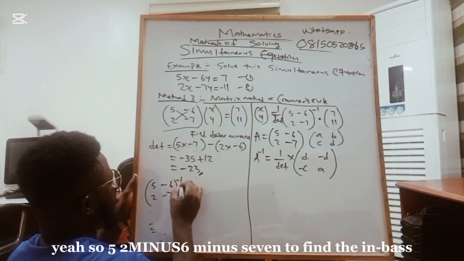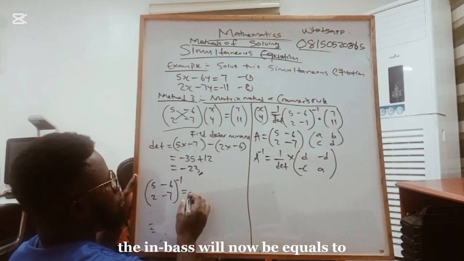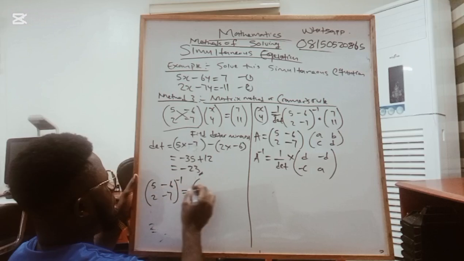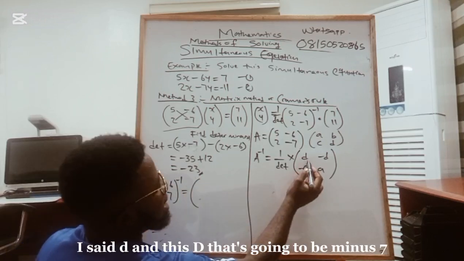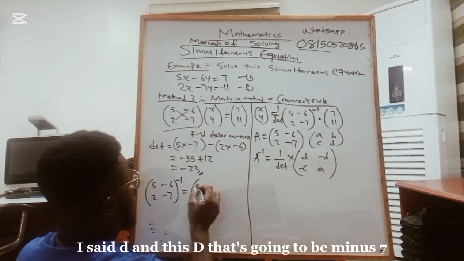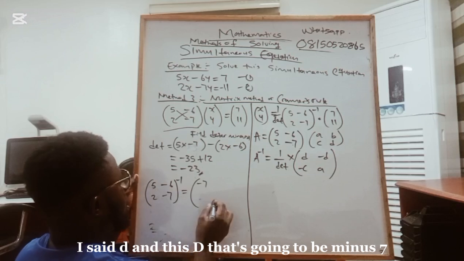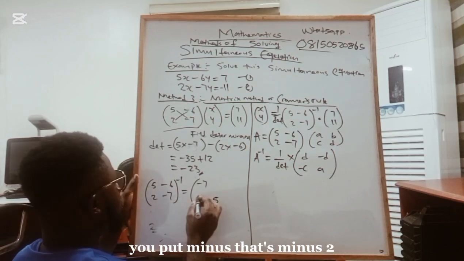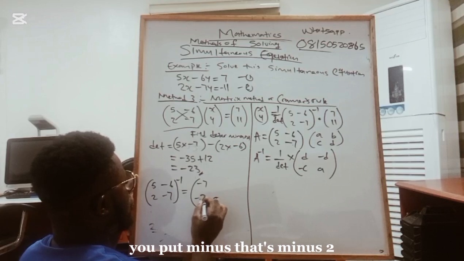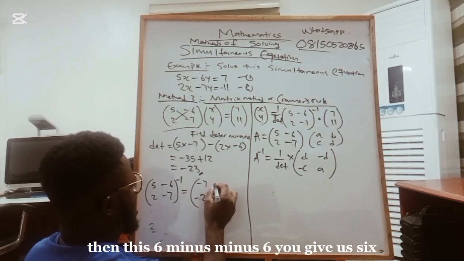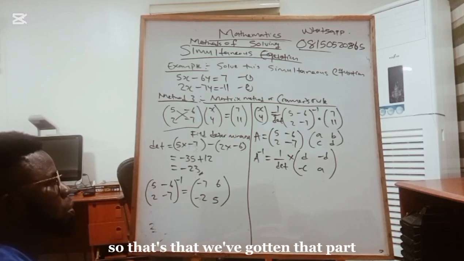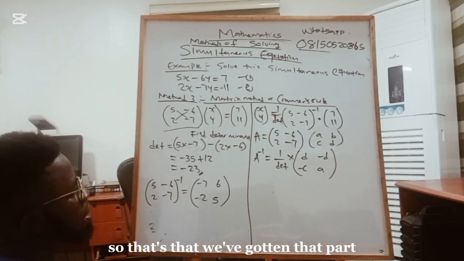To find the inverse will now be equal to, open bracket, you interchange it, you know I said D, and D is 7, that's going to be minus 7, then you bring your 5 here, then this 2 you put minus, that's minus 2, then this minus 6 will give us 6. So that's that, we've gotten that part.